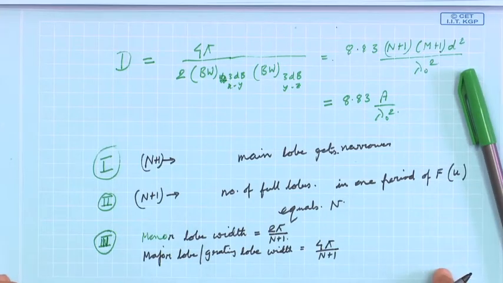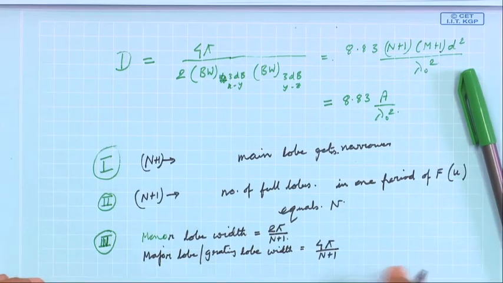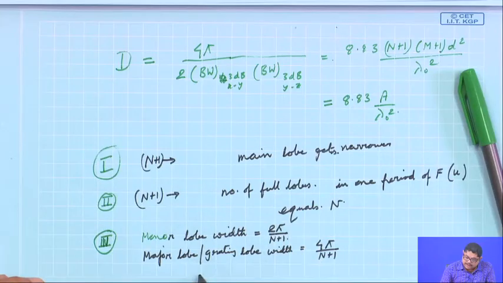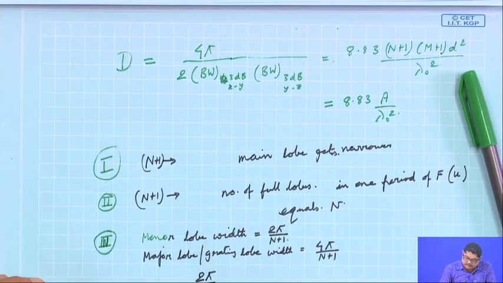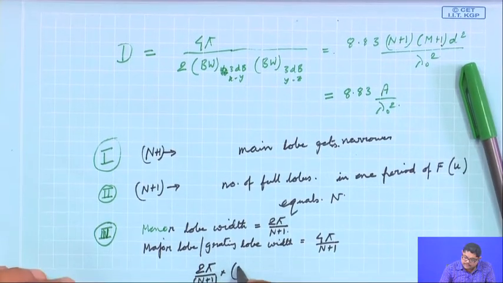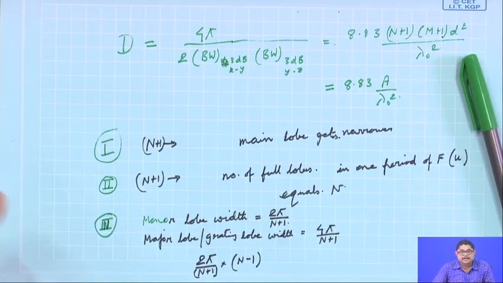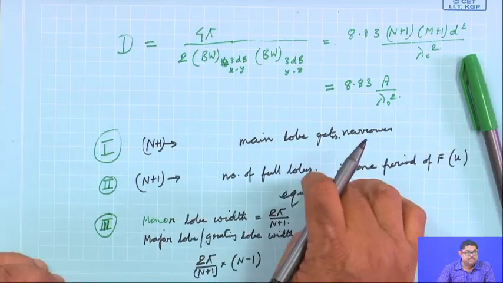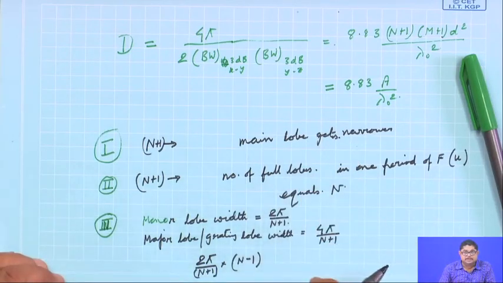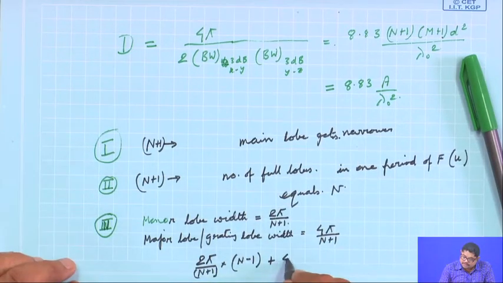So, you see, total how many things? I have 2 pi by n plus 1, into, can I say that, n minus 1 side lobes in a period, because I said total n full lobes. So, n minus 1 side lobes, plus 4 pi by n plus 1.